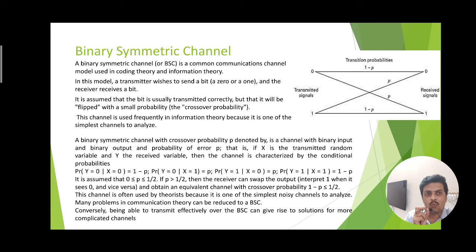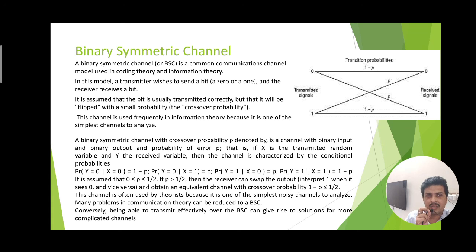Binary symmetric channel is one of the important characterizations of the communication system, in which we are considering there are two stations. One station is transmitting 0, another station is transmitting 1. So here 0 transmission may be received as 0, 1 transmission may be received as 1, but there are chances of crossover probability, that means error probability, that means 1 transmitted is received as 0, but 0 transmitted is received as 1.